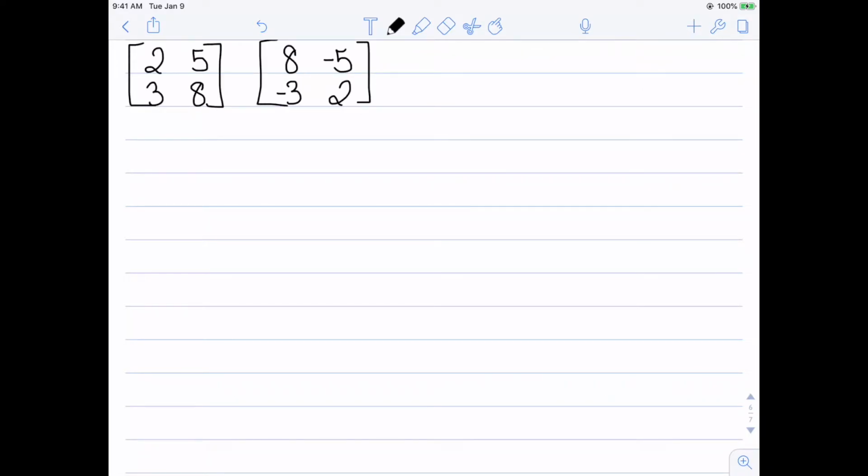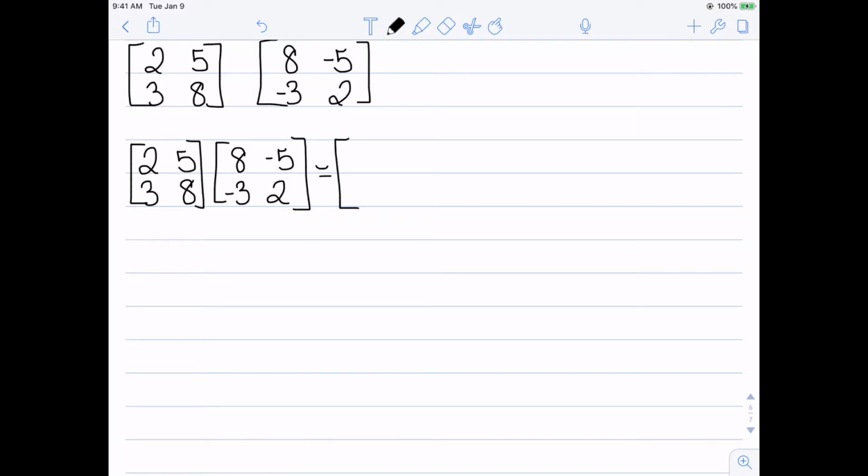Here I have 2 matrices, and I want to check to see if they are inverses. So I need to be able to multiply them and get the identity. I do this by multiplying the first row by the first column. 2 times 8 is 16, and 5 times negative 3 is negative 15. I then multiply the first row by the second column. 2 times negative 5 is negative 10, and 5 times 2 is 10.